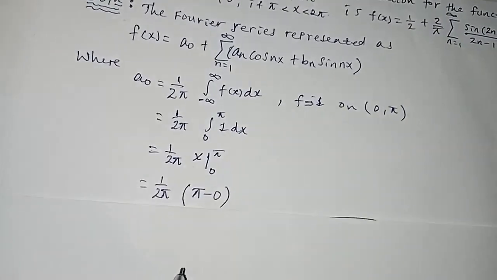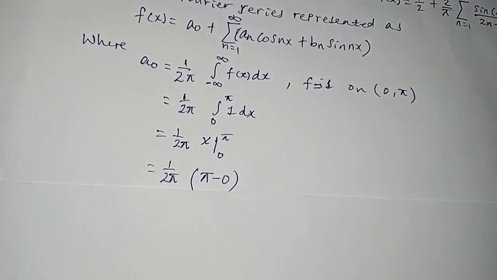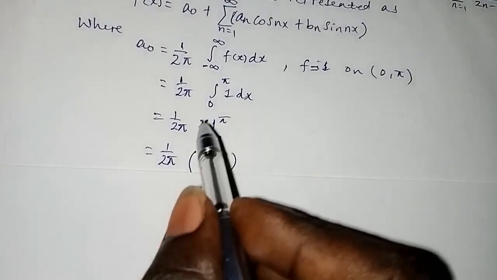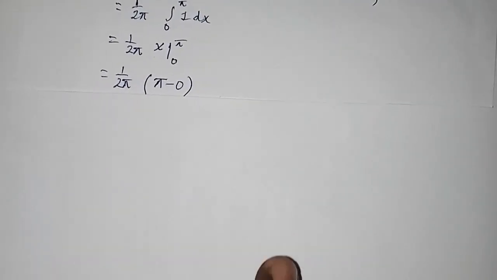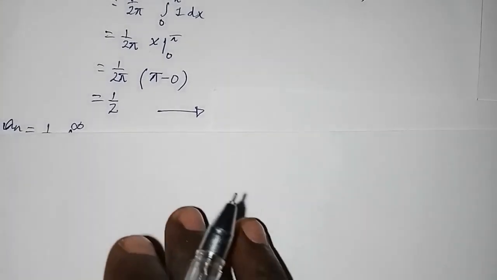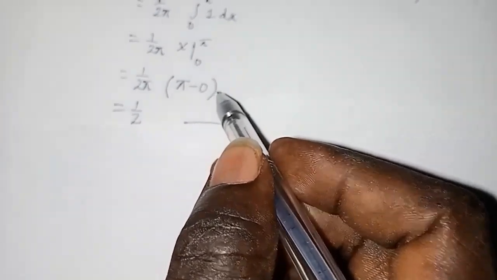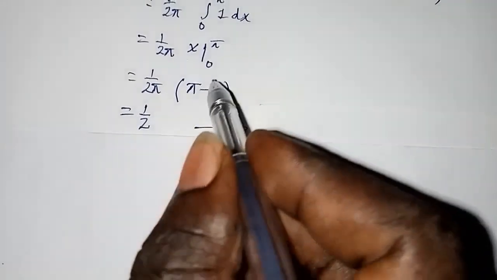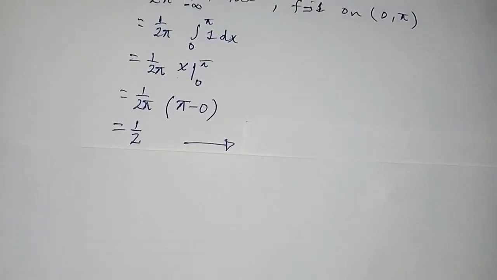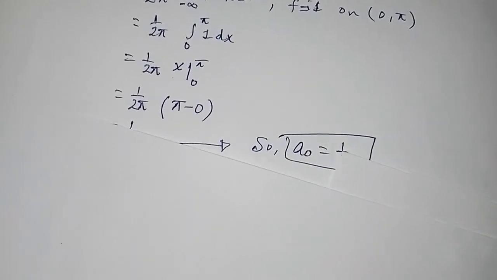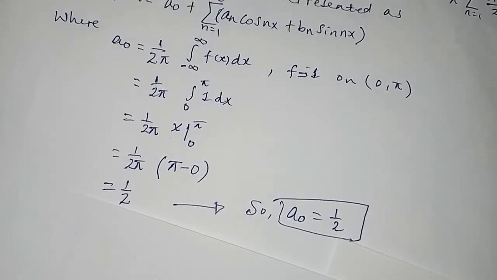Then you get 1 over 2 pi times pi minus 0, which is pi times 1 over 2 pi. The pi is cancelled by pi, so you get 1 over 2 only. We can say this a naught is equal to 1 over 2.